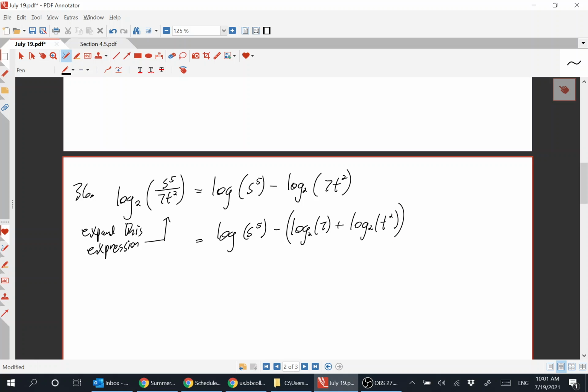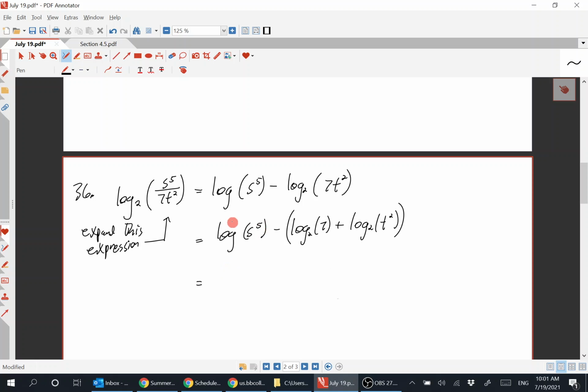Log of a times b is log of a plus the log of b. But since we're subtracting it, we're replacing one term with 2 terms, so we have to make sure that we put parentheses there. Okay, so that's law number 1 there.